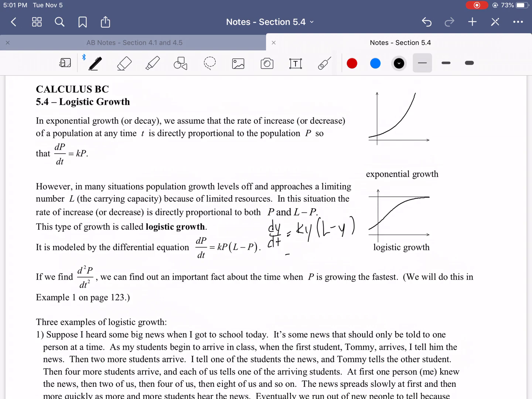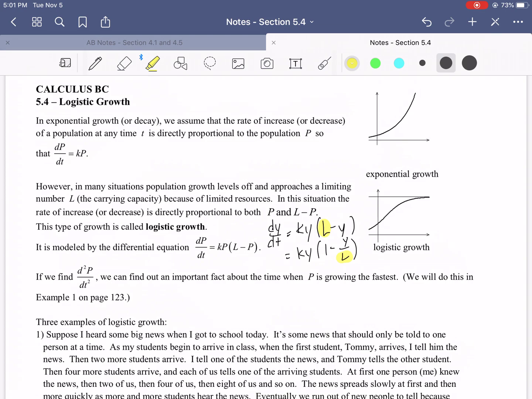Or you might see it in a completely different form altogether, such as ky multiplied by 1 minus y over L. You need to be able to recognize both forms because both of them show up on the AP test, and you need to be able to identify out of each form where the limiting number occurs.